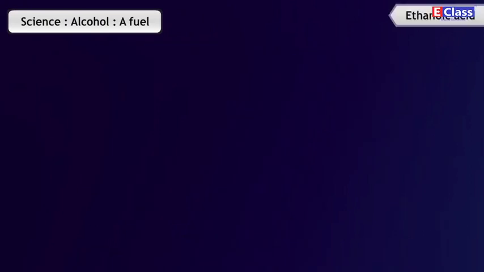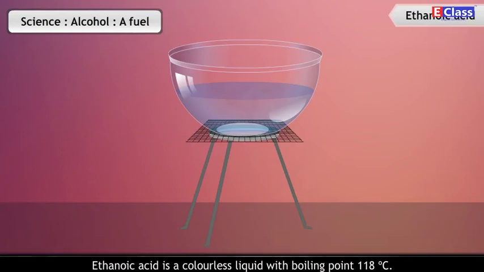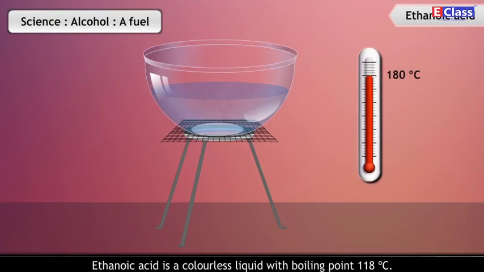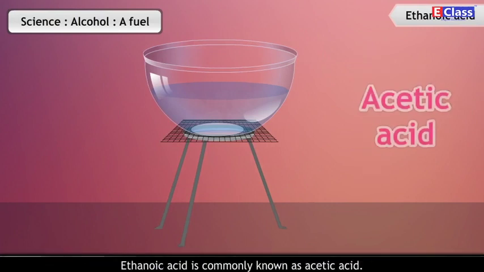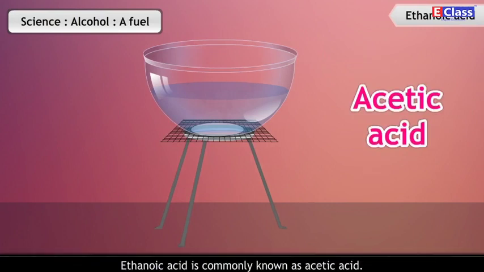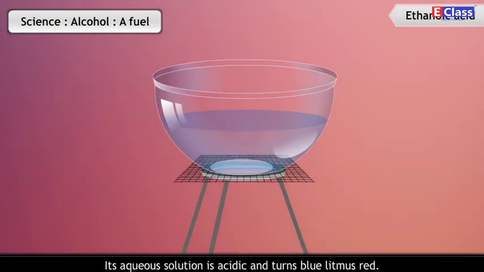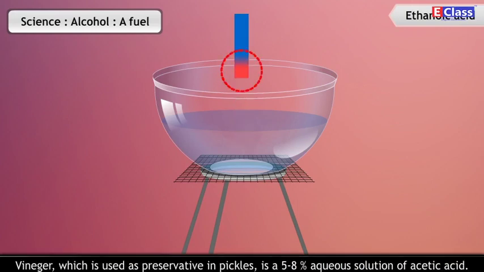Ethanoic acid. Ethanoic acid is a colorless liquid with boiling point 118 degrees centigrade. Ethanoic acid is commonly known as acetic acid. Its aqueous solution is acidic and turns blue litmus red.